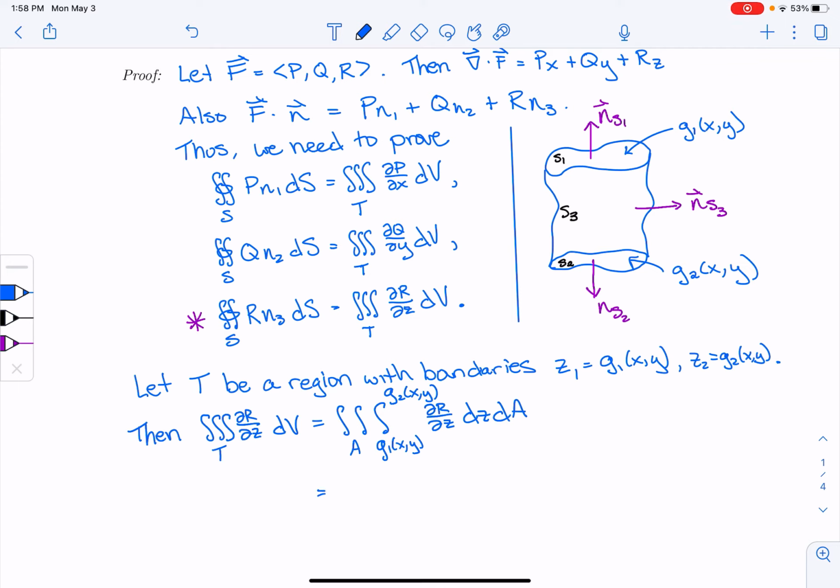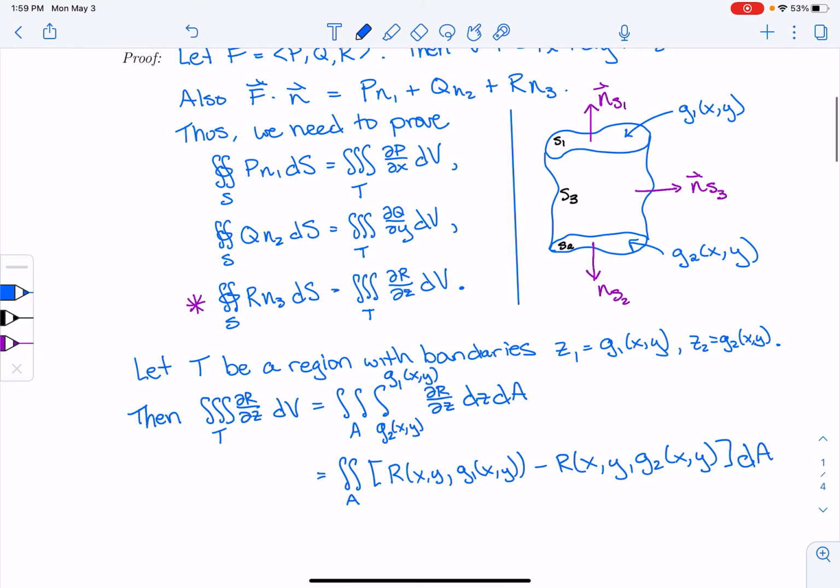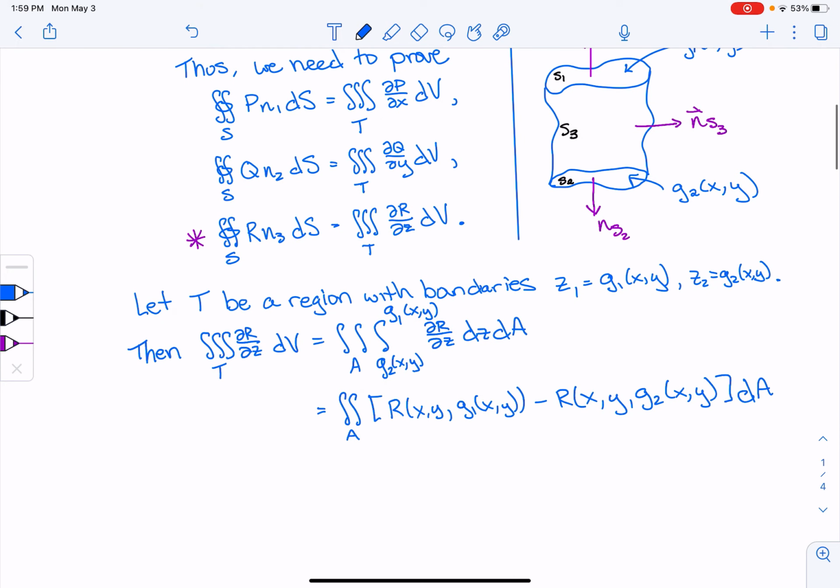So what I've done is I've applied the fundamental theorem of calculus to just that first dz integral. The integral of dR/dz is just going to be R, and I've evaluated R at g1 and g2. Okay, so that is the triple integral for the divergence.